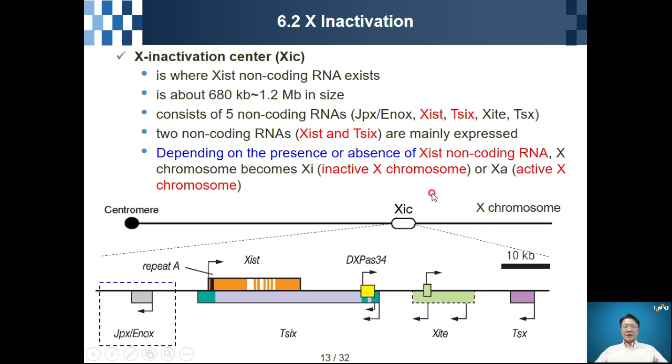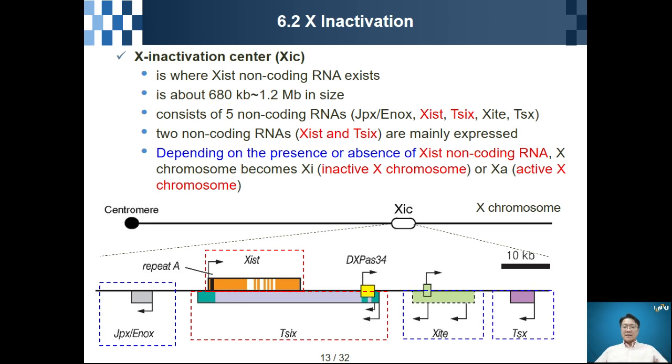The first one is JPX, and the others are Xist, TSIX, and also XITE and TSX non-coding RNAs. Mainly two non-coding RNAs, Xist and TSIX, are expressed in this XIC.